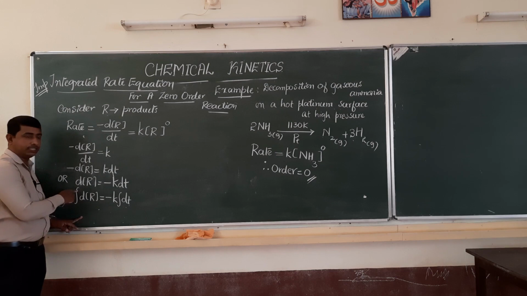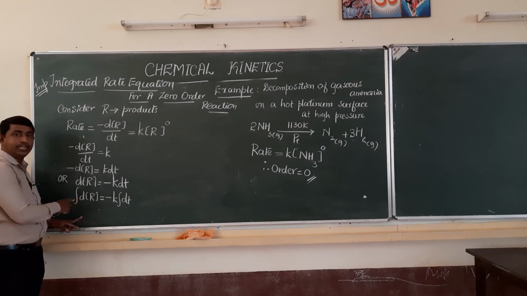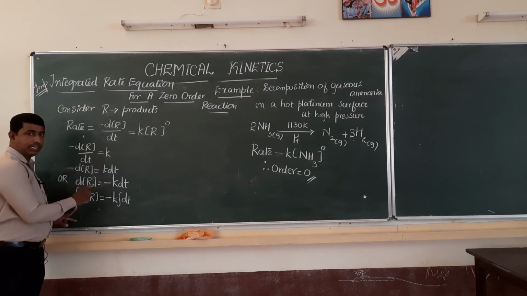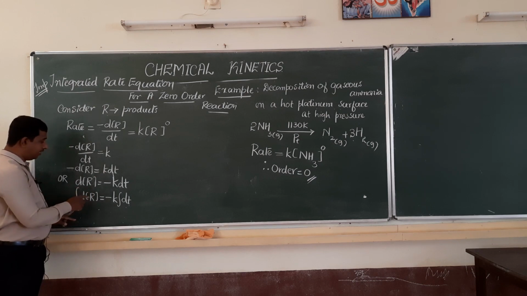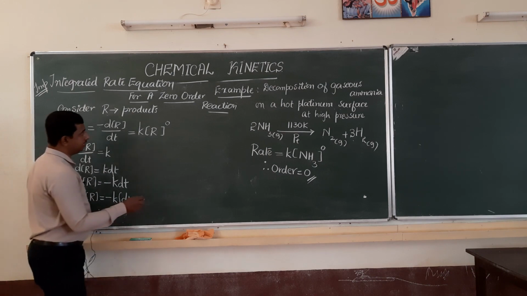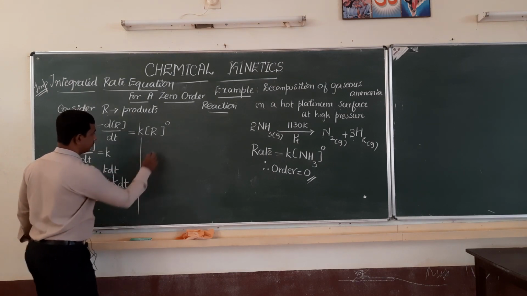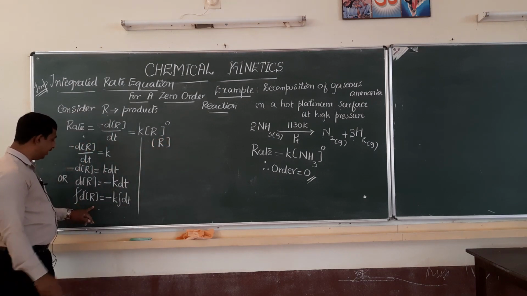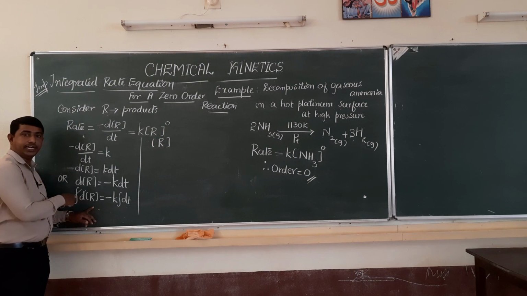See, this is the integral sign. Differentiation and integration are inverse to one another, so they will cancel out. Integral of dR is R. Why is it R? Because differentiation and integration are inverse to one another.